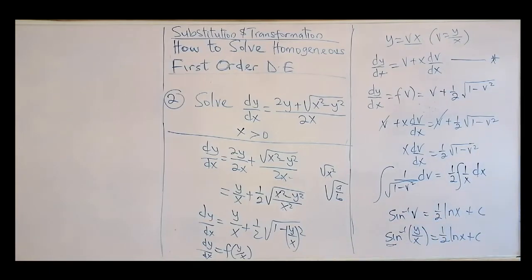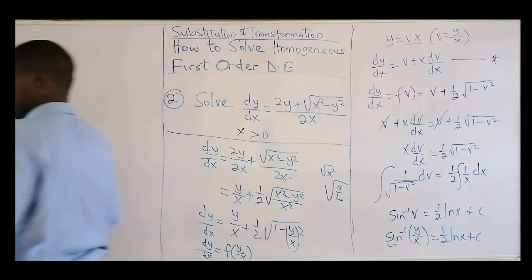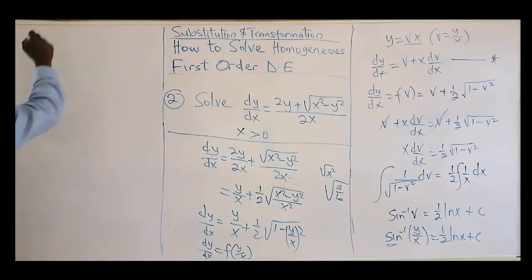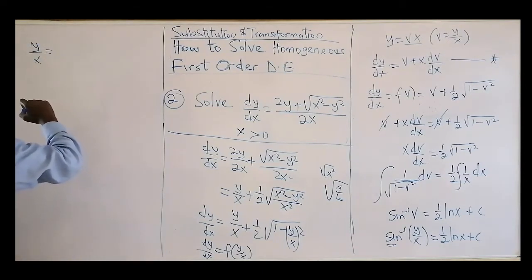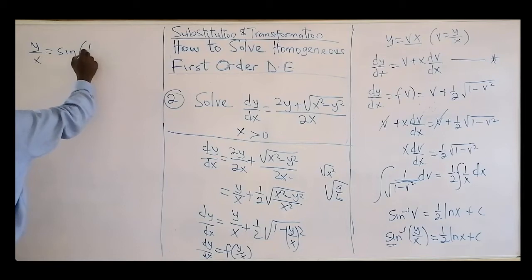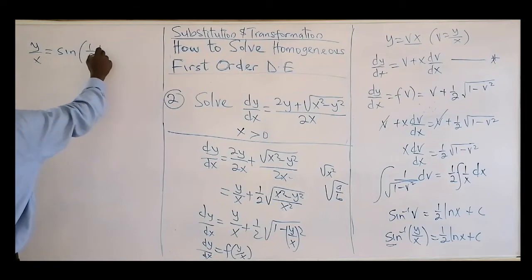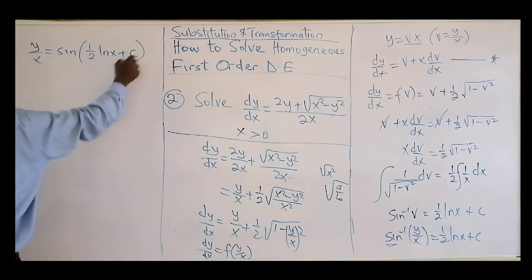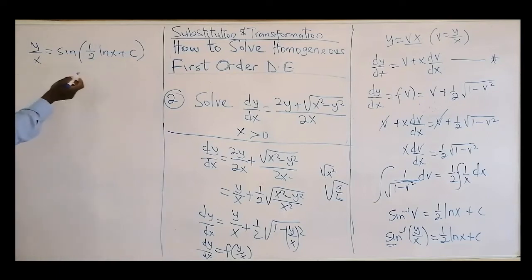Then you have y over x equal to sine of half ln x plus c. Then multiply both sides by the denominator here. So y is equal to x sine.